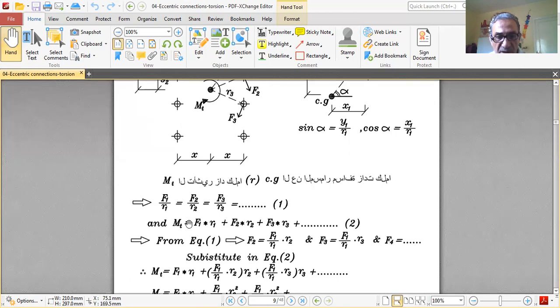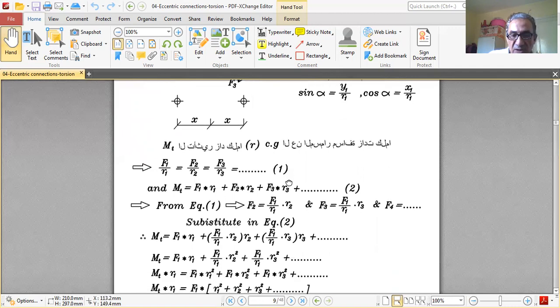From equation 1, F2 equals F1 R2 over R1, F3 equals F1 R3 over R1, F4 equals F1 R4 over R1, and so on. Substituting, we end up with one equation in F1, which is M torsion equals F1 R1 plus F1 R2 over R1 multiplied by R2 plus F1 R3 over R1 multiplied by R3 and so on.